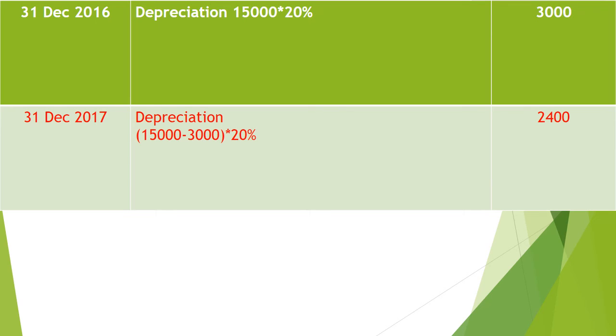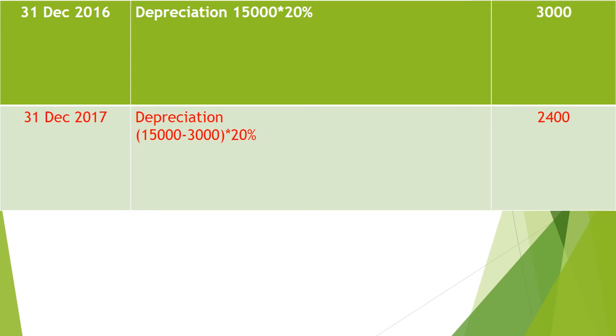On 31st December 2016, depreciation of machine is 15,000 multiplied by 20%. The first year depreciation is 3,000. For the second year, 31st December 2017, depreciation is on 15,000 less 3,000, because he is using diminishing balance method.